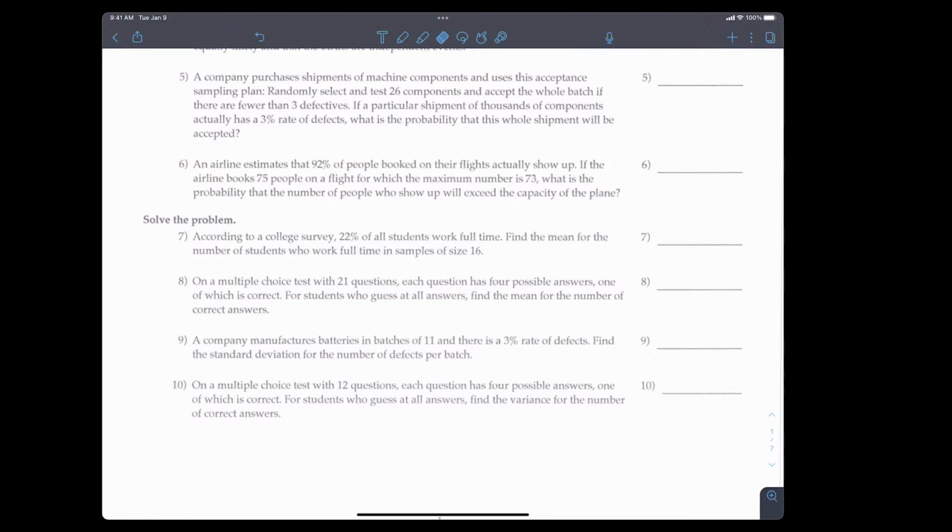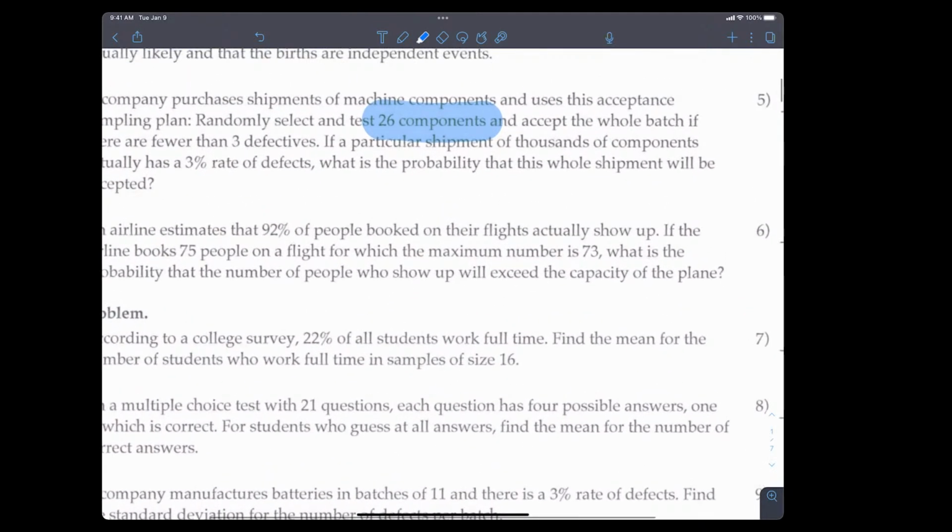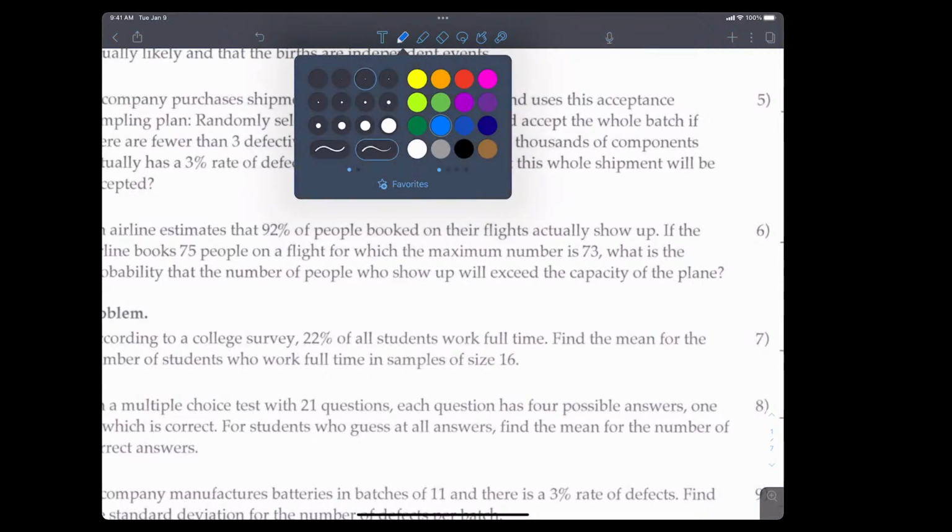If you buy machine components, you're going to select components at random and check to see if they function, if they work or if they're defective. So let's look at the language. Here's your plan. You randomly select and test 26 components. There's your N, ladies and gentlemen. So N here is 26.